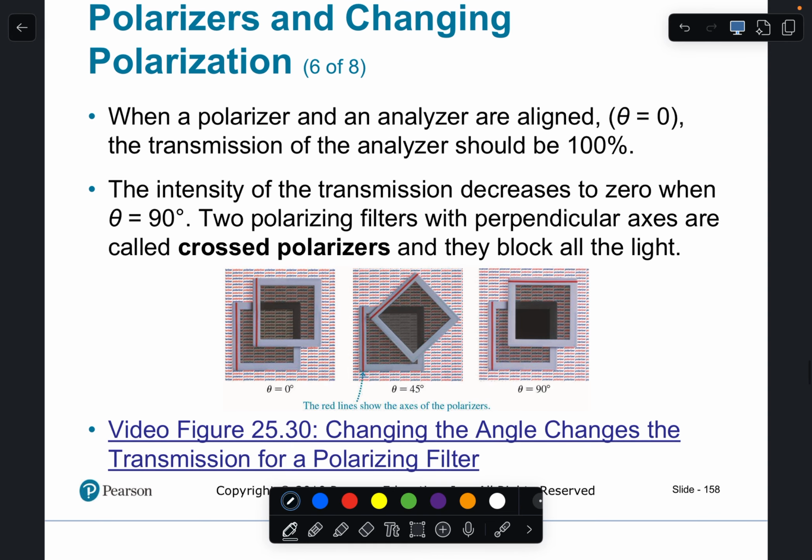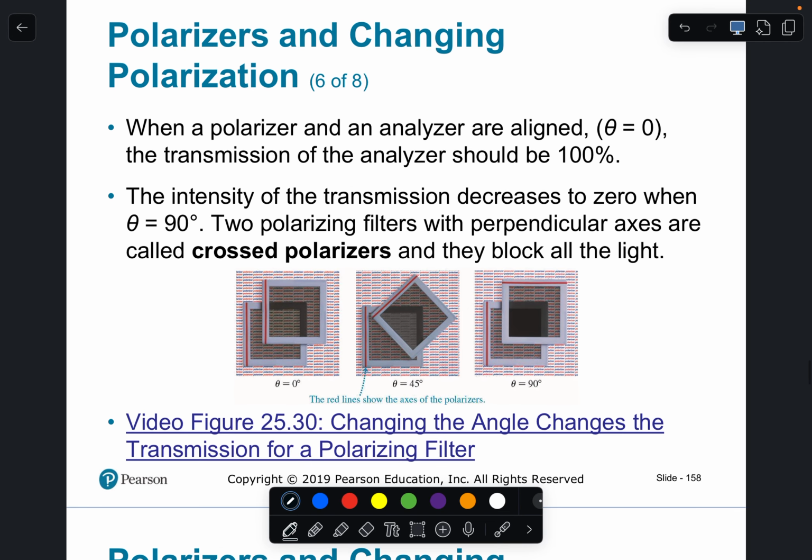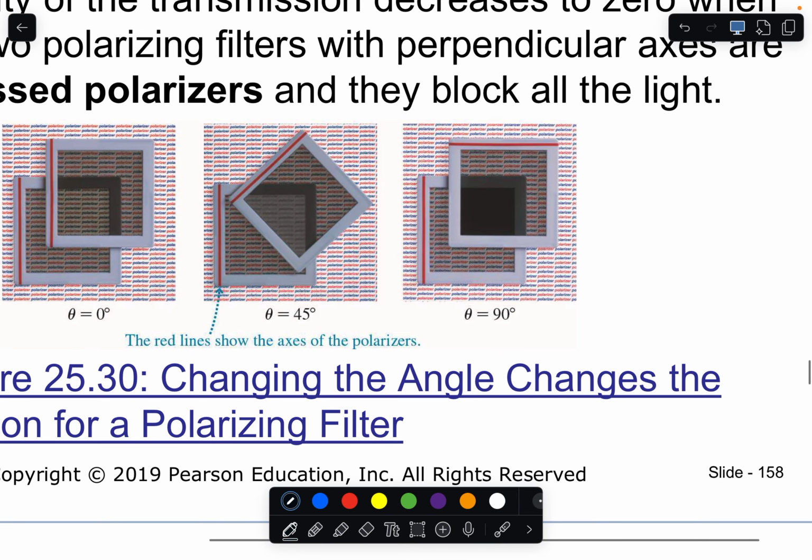If my demo guy was here today, he's unfortunately ill, I would have a bunch of polarized demos to show you, but this is essentially what I was going to show you. You can see that if theta is 90 degrees, cosine of 90 is 0. You can actually use two polarizers to completely black out and absorb all of the light. Here's a picture of that. Here's a polarizing film, and this red line denotes the polarization axis, okay?